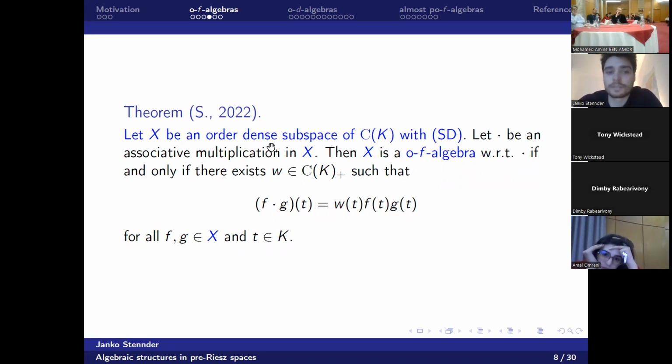So the one where any function in C of k can be written as the infimum of all the elements of X which lie above the function. So if we have a multiplication in X, then it's an OF algebra if we get basically the same representation. So already some similarities between the partially ordered vector space and vector lattice case.